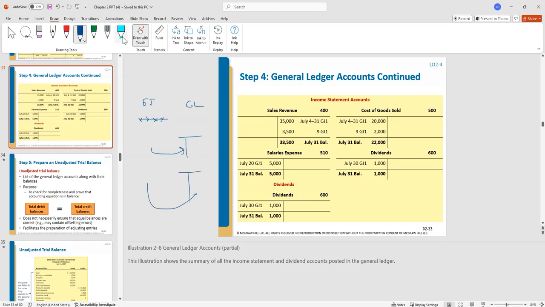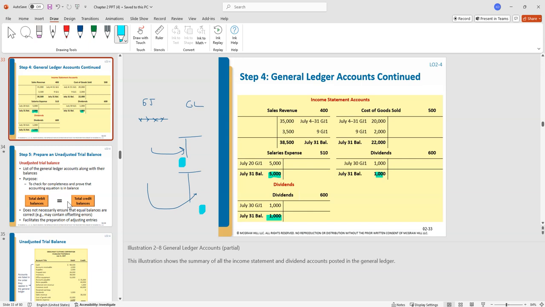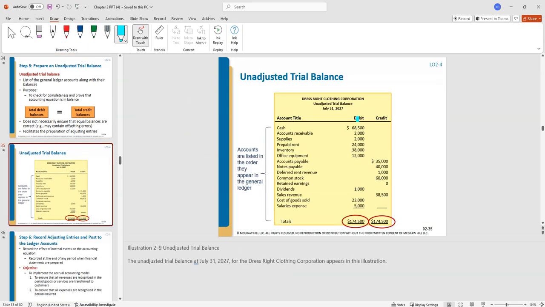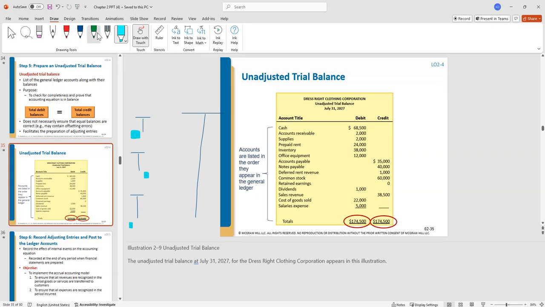Now what we're going to do is take whatever these ending balances are in the T accounts and put them into a giant T account, so we have all of these T accounts over here with the ending balances. We will put them in a giant T account and make sure that our total debits equal our total credits. So that's what we're doing here.